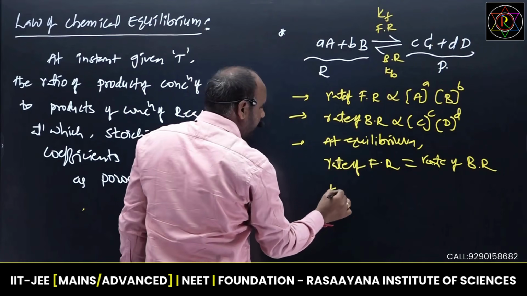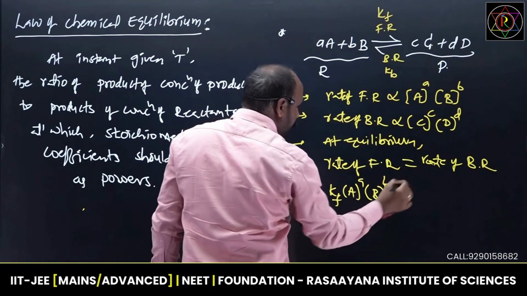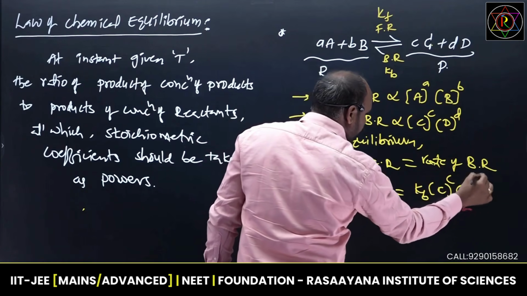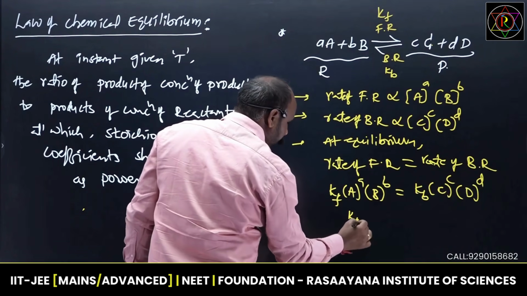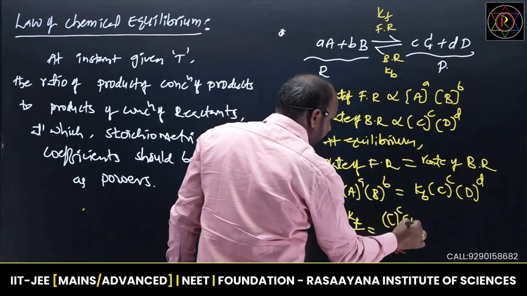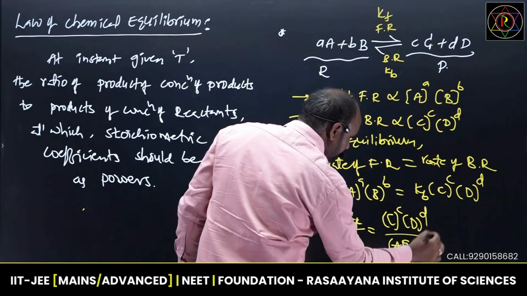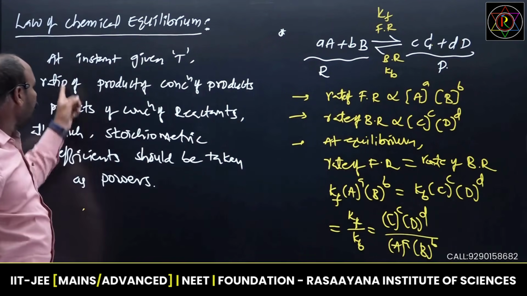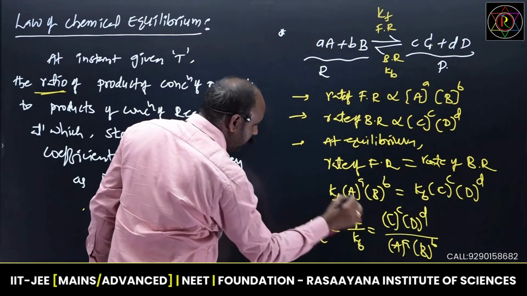Therefore the rates will be Kf [A]^a [B]^b equals Kb [C]^c [D]^d. We can rearrange this: Kf by Kb is equal to [C]^c [D]^d divided by [A]^a [B]^b. This ratio is what we discussed as the law of chemical equilibrium. That ratio should be considered as the equilibrium constant, that is Kc.